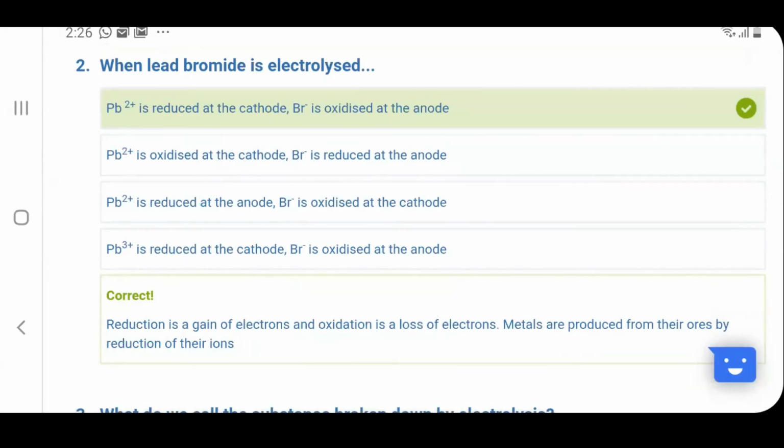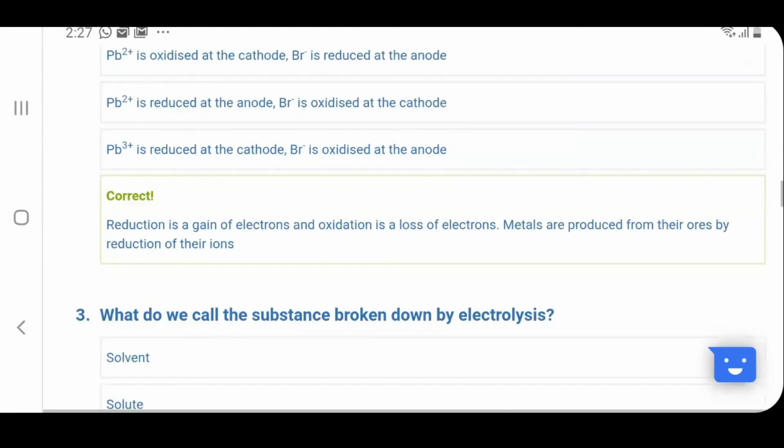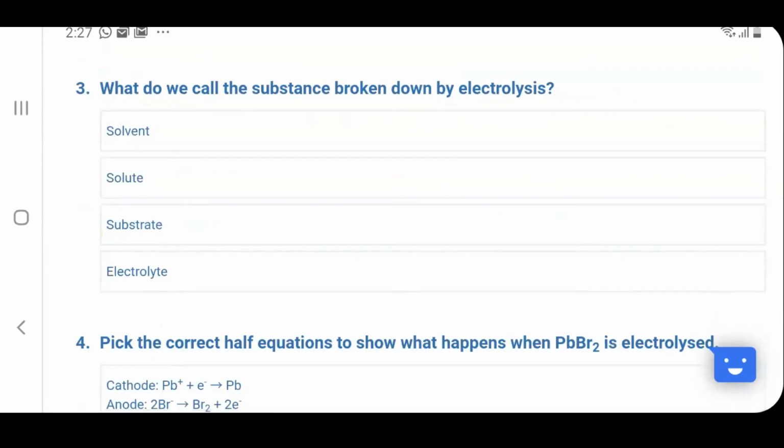That's what happens, because reduction always occurs at the cathode and oxidation at the anode. Always. And the last one, which seems to be right, is wrong because you don't have lead 3 plus, it's lead 2 plus. So that's why A is the right one. Correct. 2 is A.